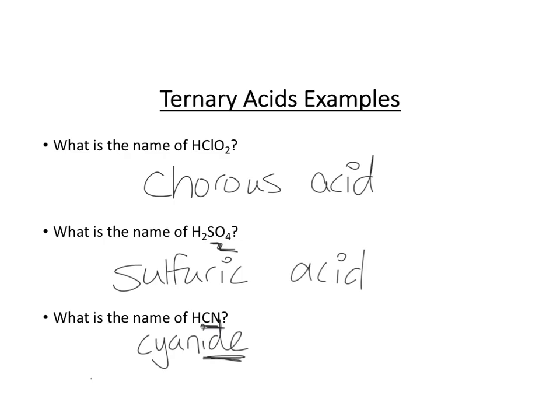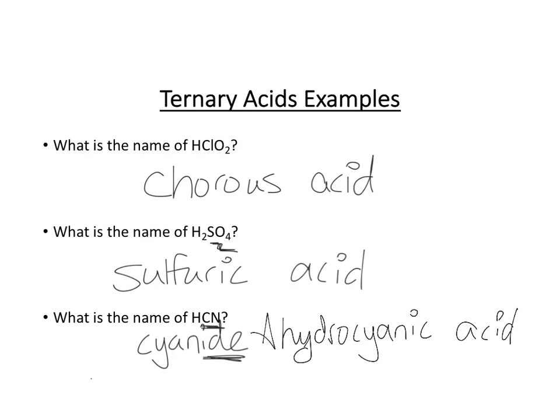If you have a ternary acid whose polyatomic ends in ide, you have to use binary rules. So binary rules say that we would put hydro and then the root, so cyan, and then change the ending to ic, acid. This is a very special case though, so I just want you guys to be aware of that, okay?